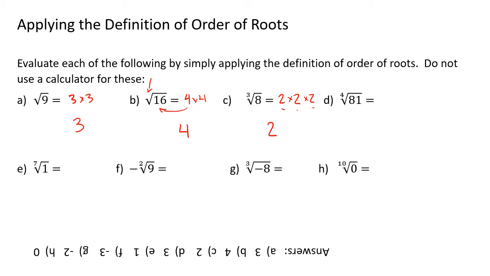Now the fourth one, item D, gets a little more difficult. It's a fourth order root, so you have 4 of the same number multiplied together to give you 81. I'm giving you examples that aren't going to be weird decimals. I can stop and think, let's try the same example from the last one: 2 times 2 times 2 times 2.